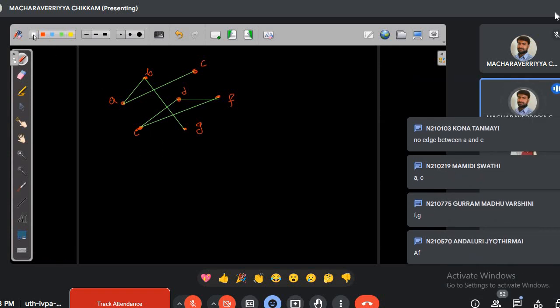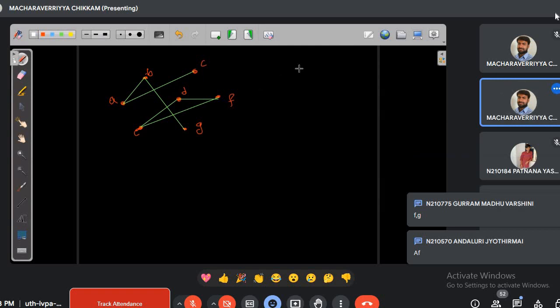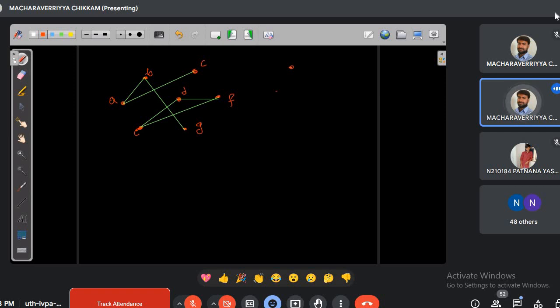So here, if I redraw this graph, I can draw it like this by keeping the vertices in a different order. So A, B, you take C here, and I'll take G here. Okay. So this is one graph. From A to B, there is a path. From A to C, there is an edge, and B and G are incident. Okay, next. We can draw it much better by taking G upside.